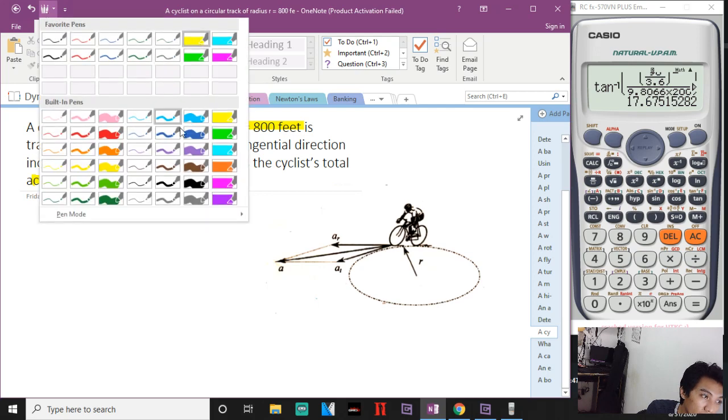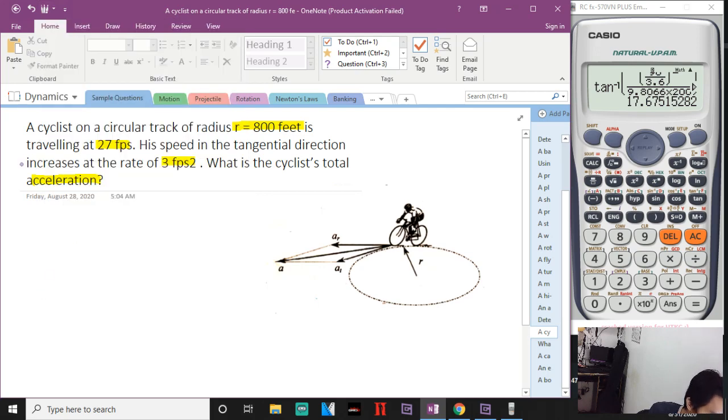Recall natin, ha? Okay. Ano bang meron dito? Yung cyclist mo, para hindi siya tumapon dyan, magkakaroon ka ng centripetal. Centrifugal. FC is equal to W v squared over gR. Now, meron ka dito.